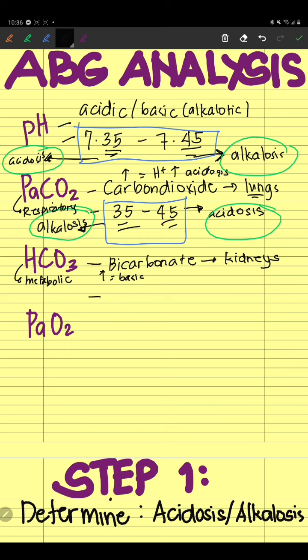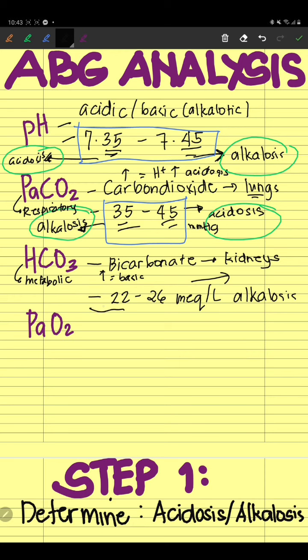What is the normal range of your bicarbonate? The normal range of your bicarbonate is 22 to 26 mEq or milliequivalents per liter. This one is millimeter mercury. Ayan. This means that the higher bicarbonate levels, then it is more alkalotic, or it can lead to alkalosis.